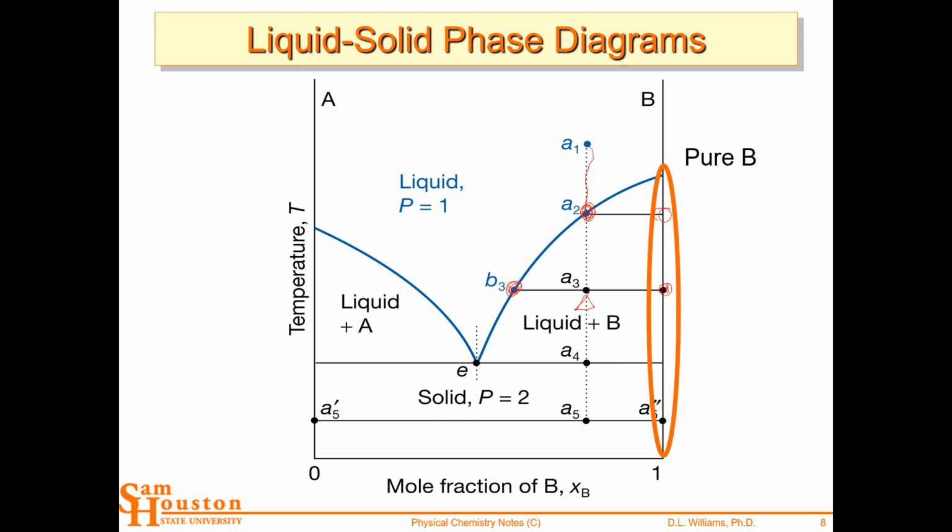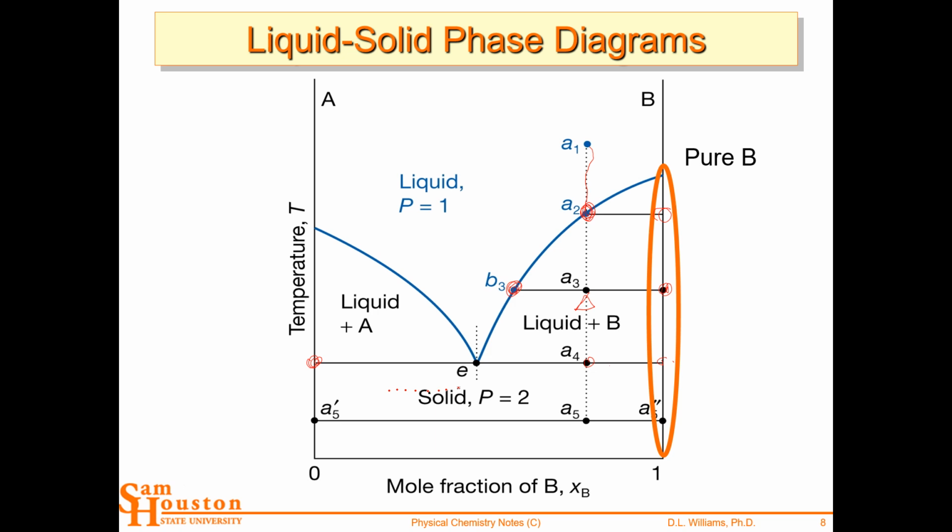So we just keep cooling it down until we get to this point, and we have the eutectic, the lowest melting point for this mixture, and this is when pure B and whatever the remaining amount of A is starts to precipitate.